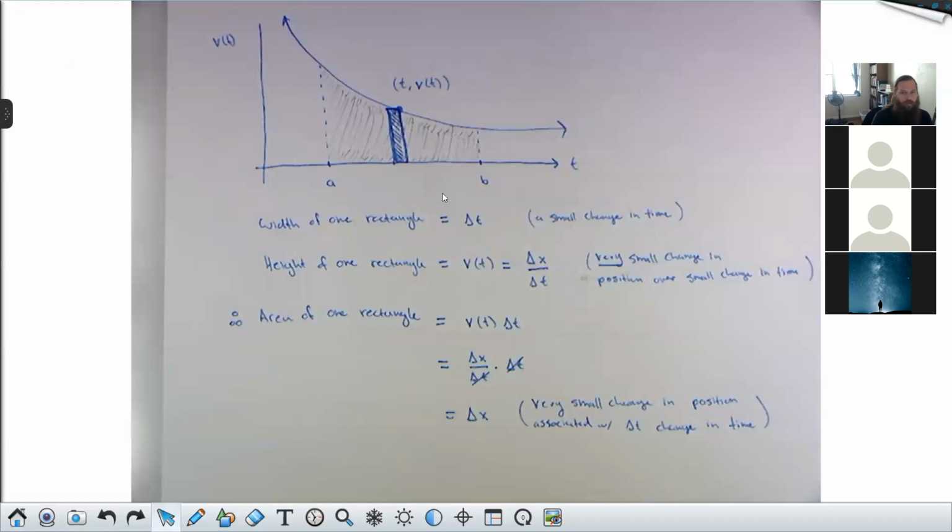So each tiny little rectangle has an area that tells me the tiny little change in position over that time interval.